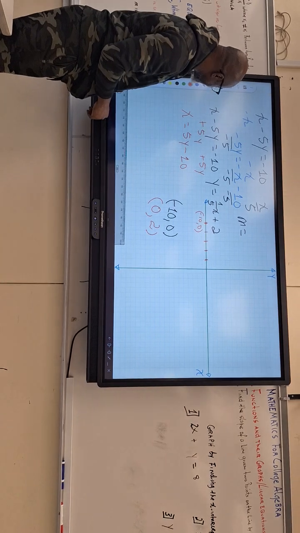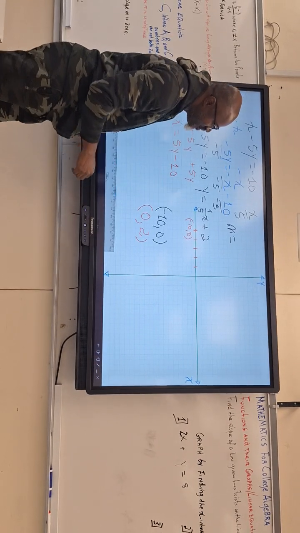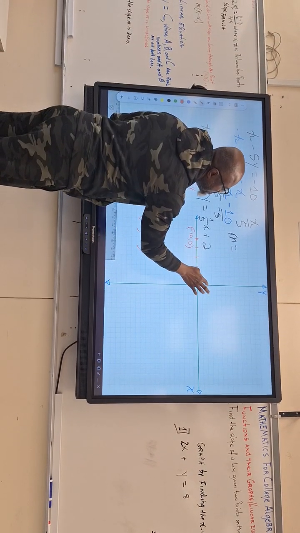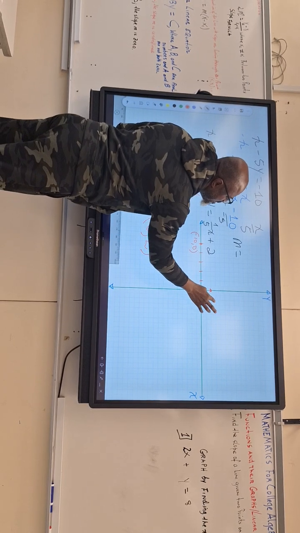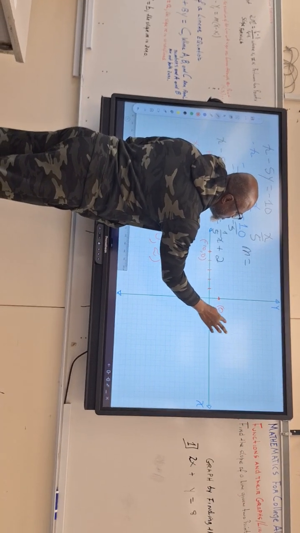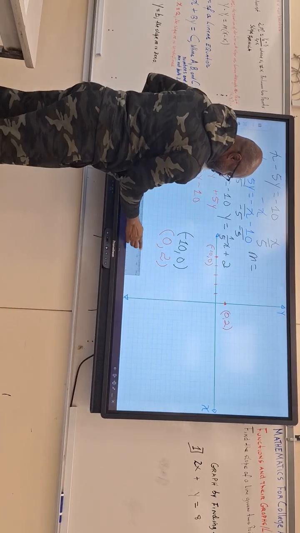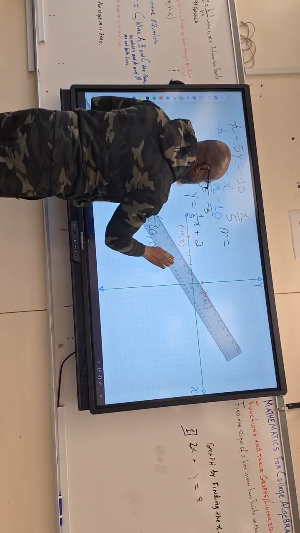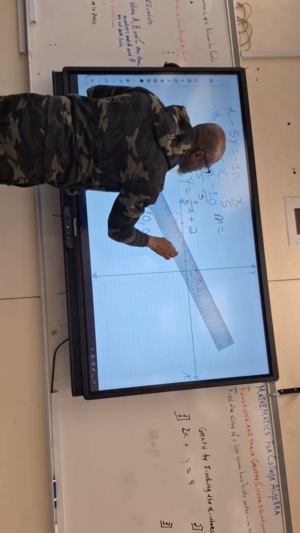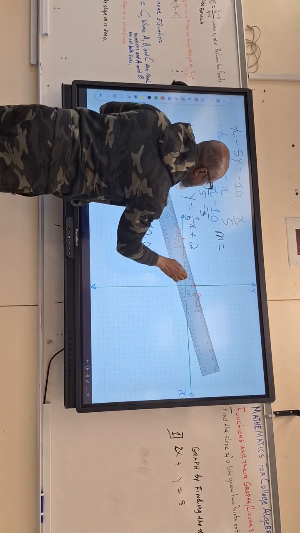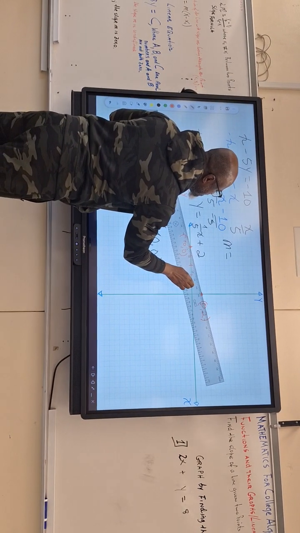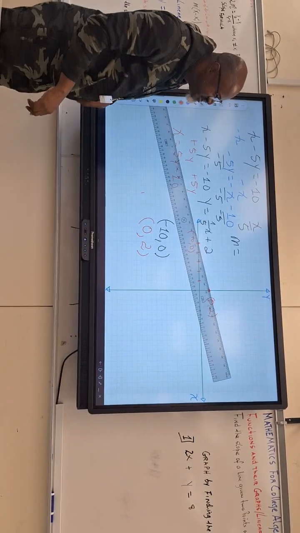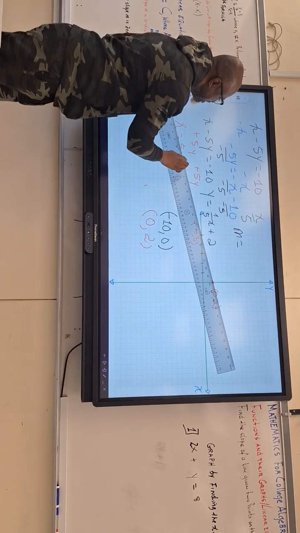Where would I put that? Go up 2 units. That will be the other one. And just use this. See, it's on the point, right? Then you go.